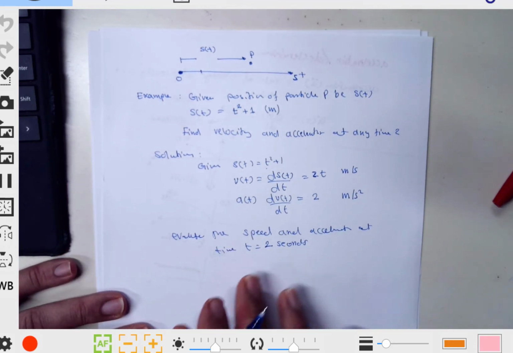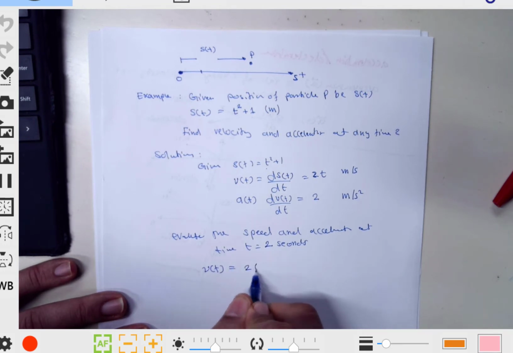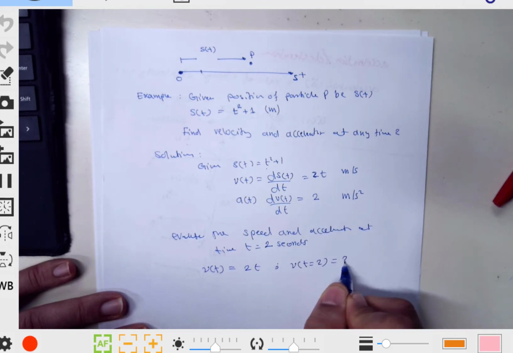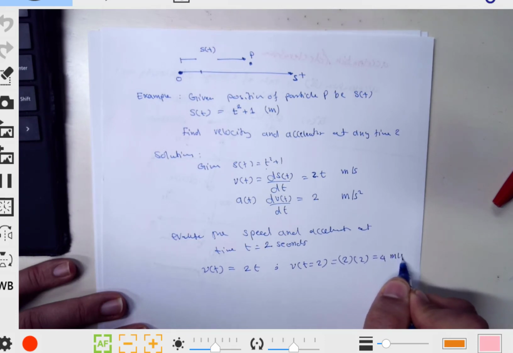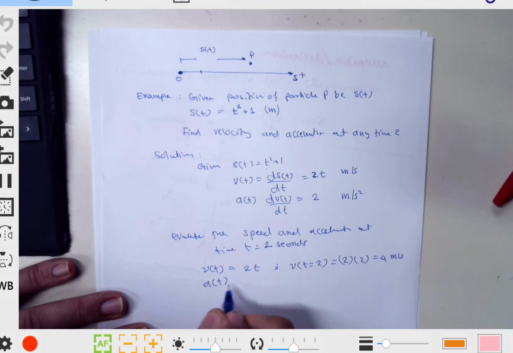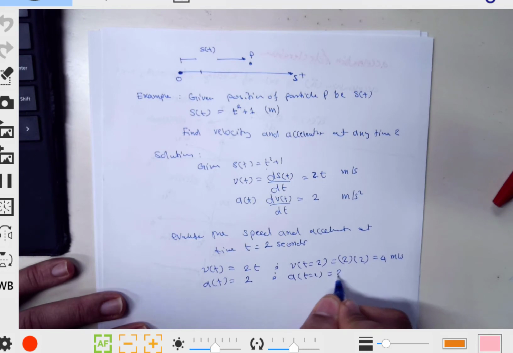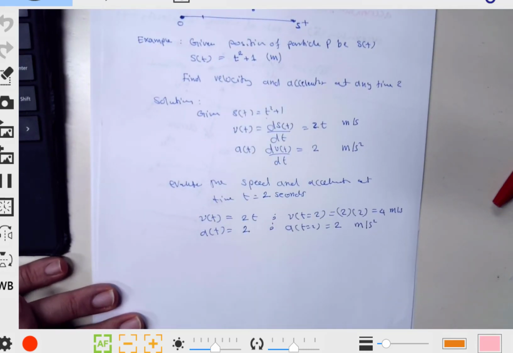To evaluate, we need to know the velocity. The velocity is given by 2t, and the velocity at time equal to 2 seconds is 2 multiplied by 2, which is equal to 4 meters per second. The acceleration is always 2, so the acceleration at time equal to 2 doesn't change because it's constant. Great.